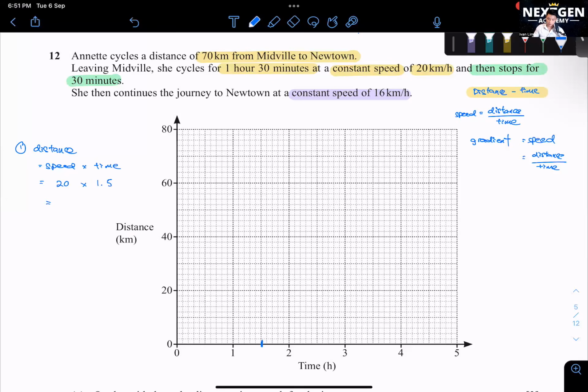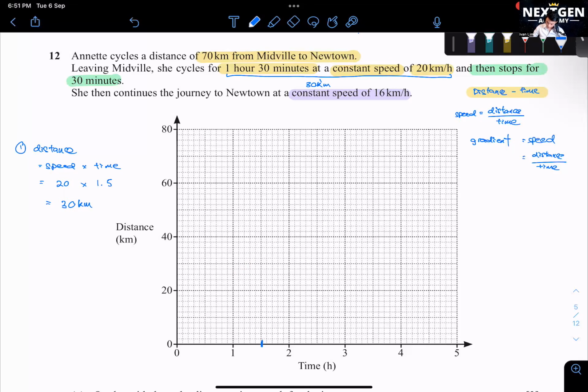Type 20 times 1.5, you get 30 kilometers. So she traveled 30 kilometers in 1 hour 30 minutes. I need to find this distance because otherwise I cannot plot it on the distance time graph or calculate the gradient.